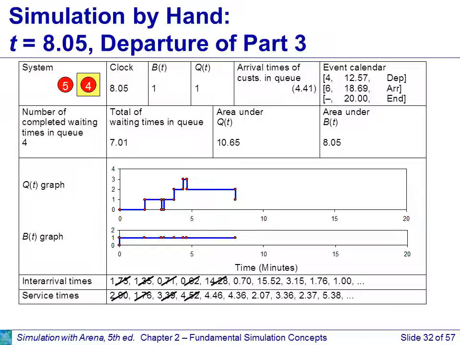Then we get the event calendar updated, since we now know when part 4 seizes the system, which is at 8.05, we can add the service time for this part, which is 4.52. And when we add 8.05 to 4.52 here, we get 12.57, which is the departure for part 4.